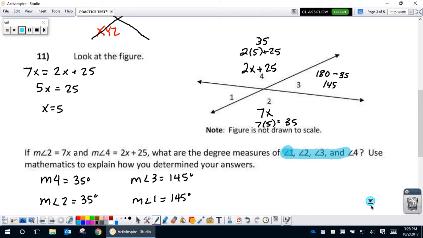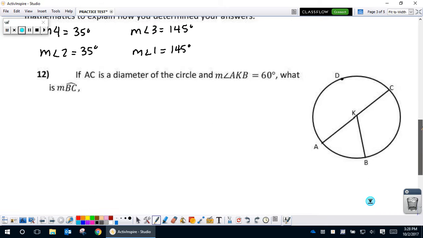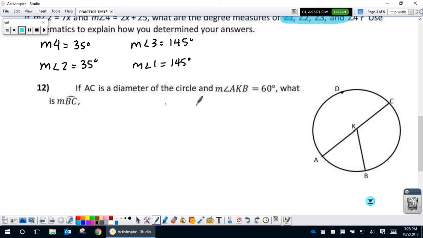Okay, and last on this page, we have AC is the diameter, so remember that splits the circle into 180 degrees. And the measure of AKB is 60 degrees, okay? And they want the measure of arc BC. So there's our arc that they want us to find.